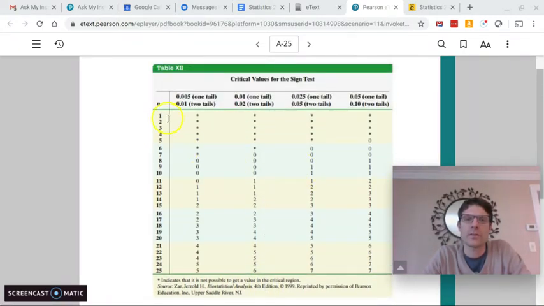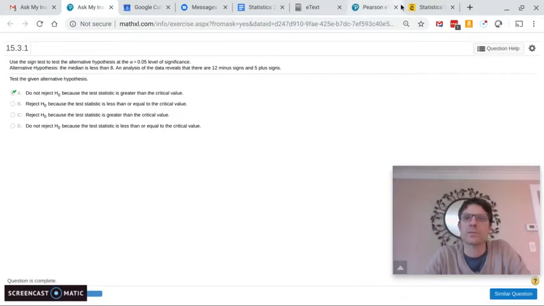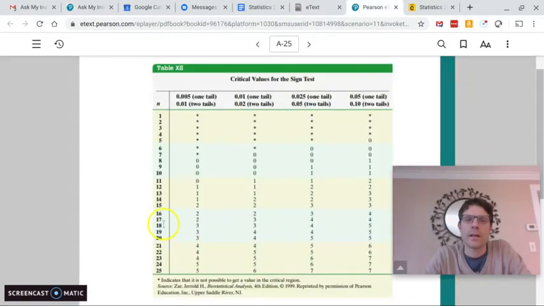And so we have to know the number of data points, and that was 17 in this question. And we are doing a one-tail test at 5% significance. So our critical value looks to be 4.